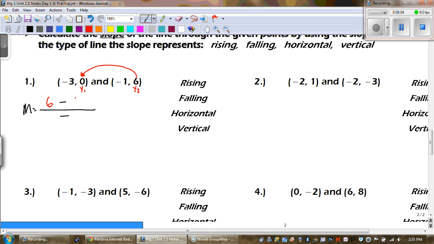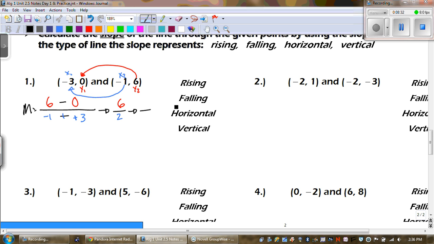So we got 6 minus 0. And then we have our x2 and x1, where we have -1 and -3. Okay? 6 minus 0 is 6. And -1 minus -3, -1 plus 3 is 2.